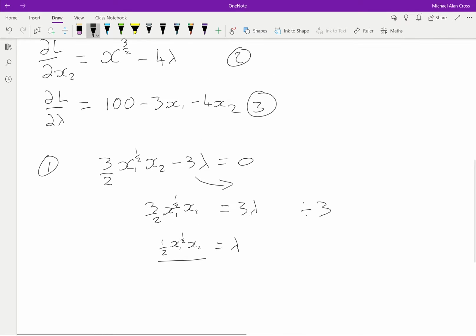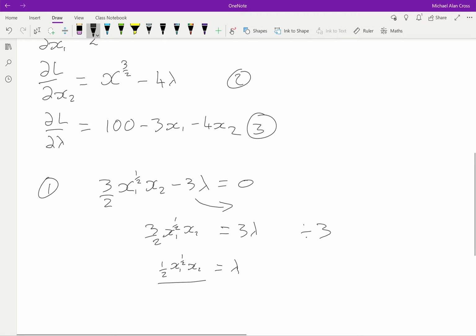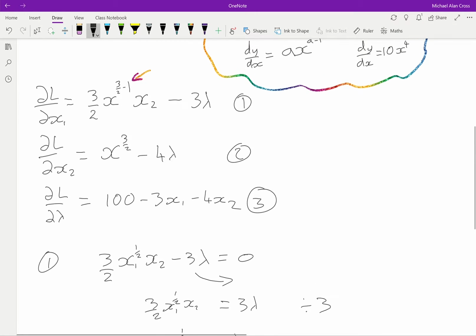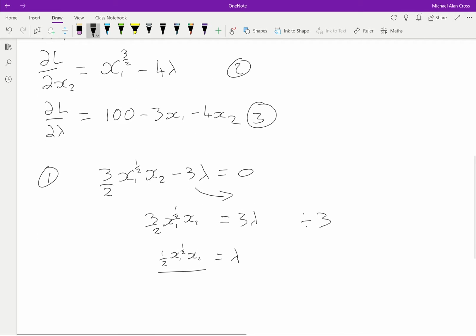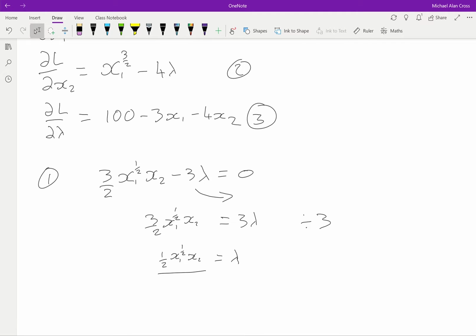So I'm probably going to go and put that into the other equation where I need to make sure I've written the ones in front. So I'm going to go and put that into equation 2, I think. So putting 1 into 2, I've got x1 to the 3 over 2 minus 4 lambda equals 0.